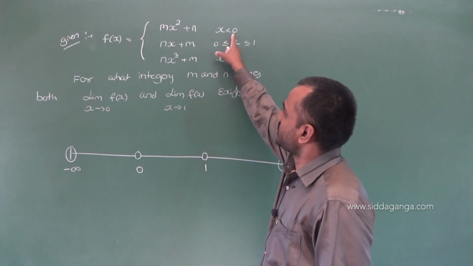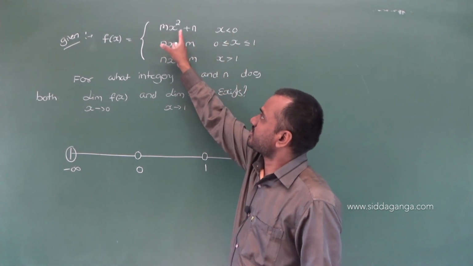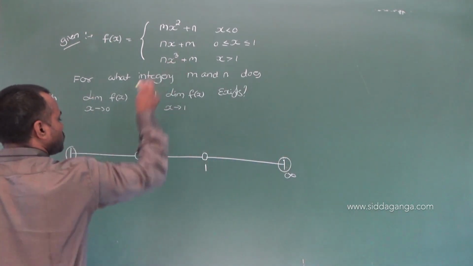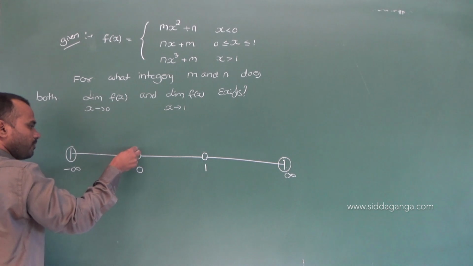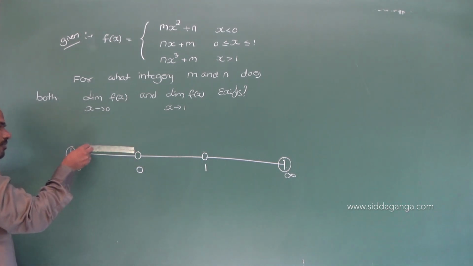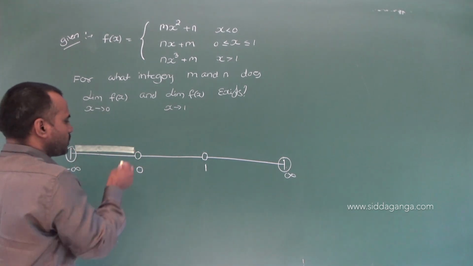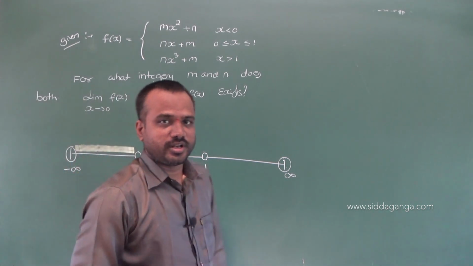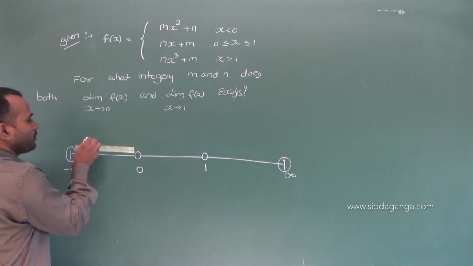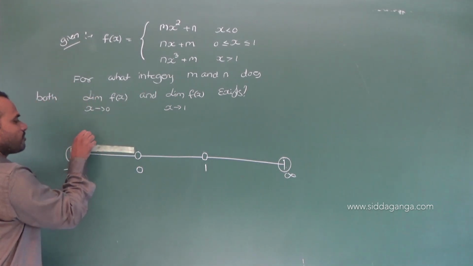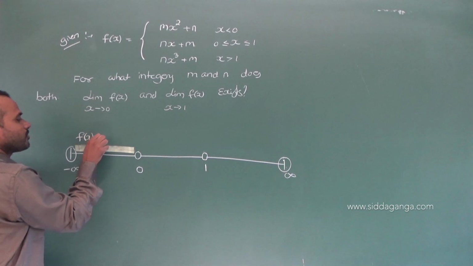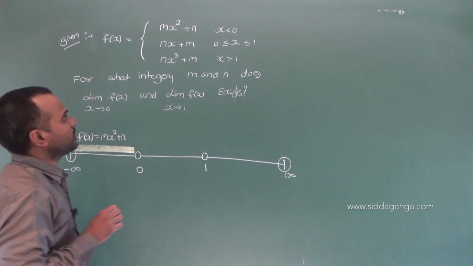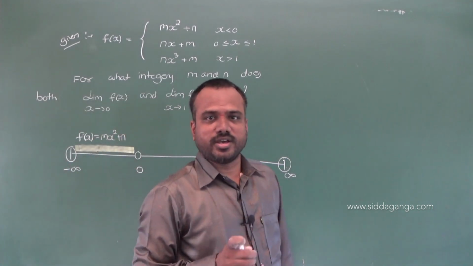For x less than 0, the function is m x square plus n. X less than 0 means not including 0, which is very important. So f of x is m x square plus n.